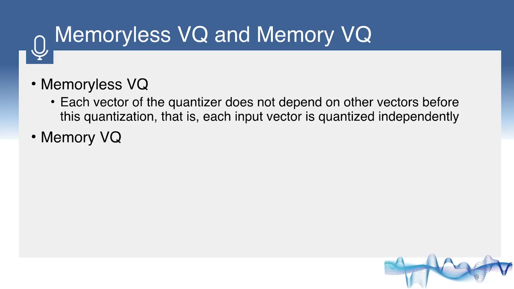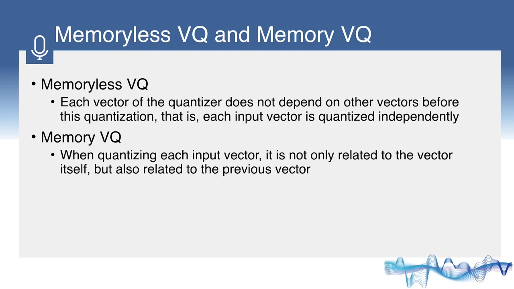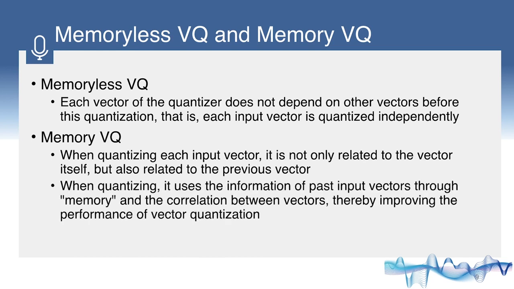Memory VQ means when quantizing each input vector, it is not only related to the vector itself, but also related to the previous vector. When quantizing, it uses the information of past input vectors through memory and the correlation between vectors, thereby improving the performance of vector quantization.